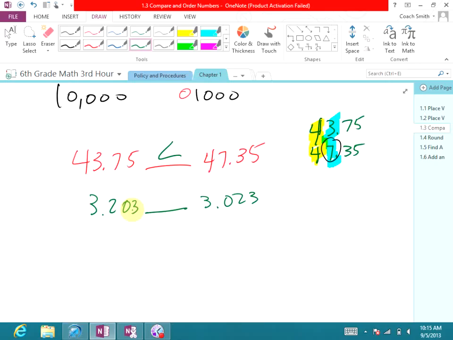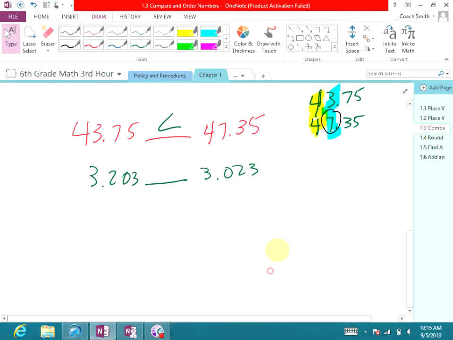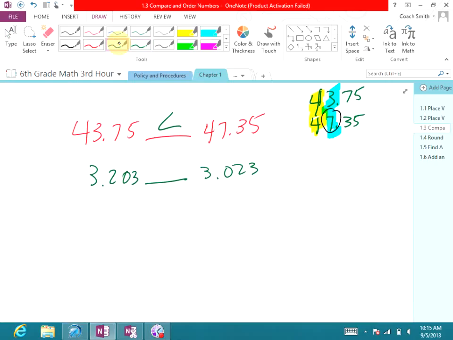So now I got to line them up vertically. When you line them up vertically, you always line up the decimal in the number. It doesn't do you any good to line them up vertically if you're not lining up the decimal.